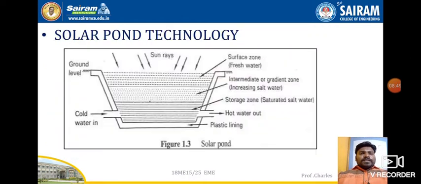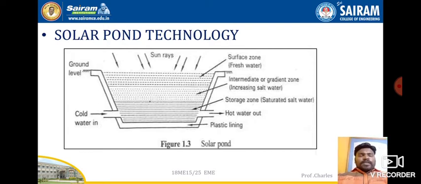So in this, two things we have seen. One is solar pond technology. This is an example of solar energy. Solar energy can be classified into three types: solar thermal energy, electrical energy, and solar pond technologies.